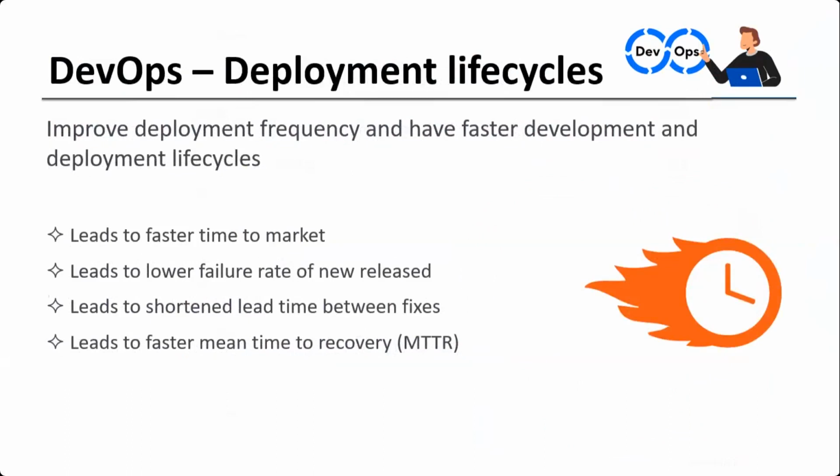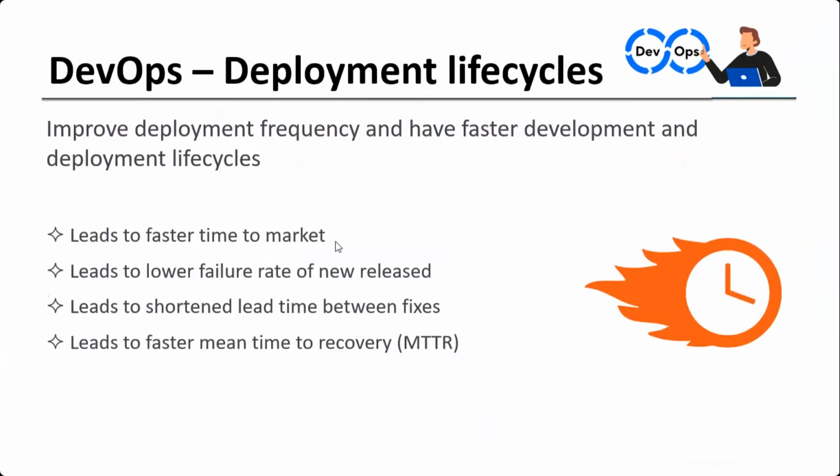Then we have the development life cycle. Okay, so by adopting DevOps practices, it actually improves deployment frequency, okay, and accelerates the development lifecycle. Organizations achieve a faster time to the market, okay, and enhance the reliability of the releases, quickly address and fix issues and reduce the downtime.